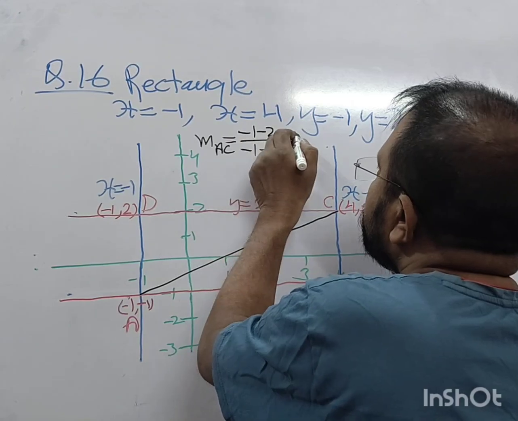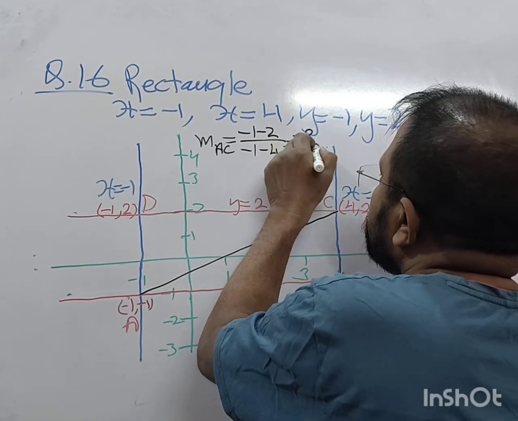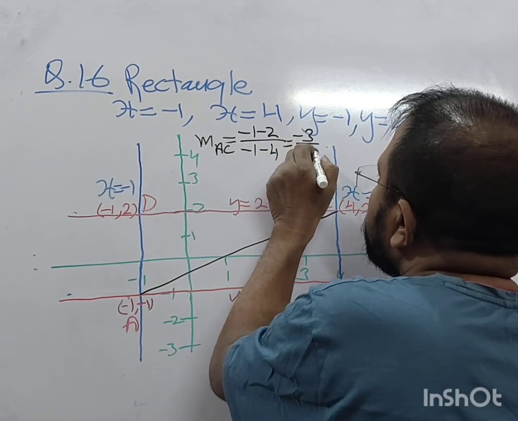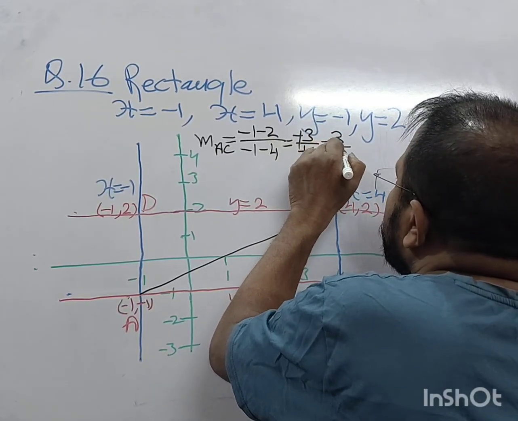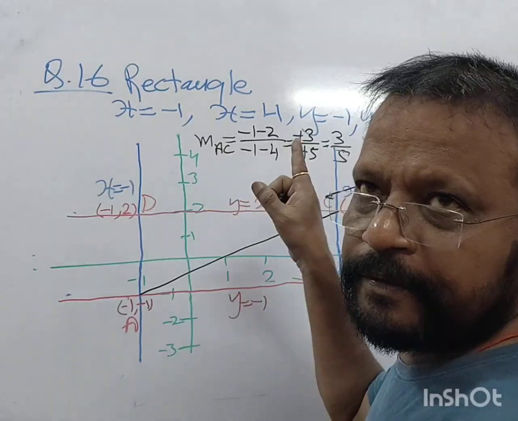How much do you get? Minus 3 by minus 5, the minus cancels out, you get 3 by 5.